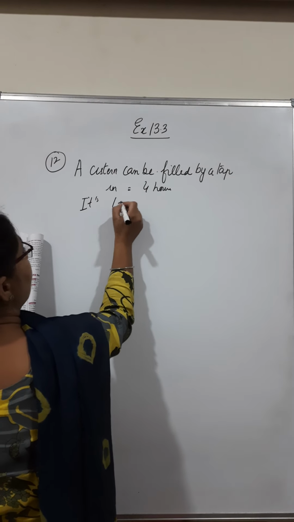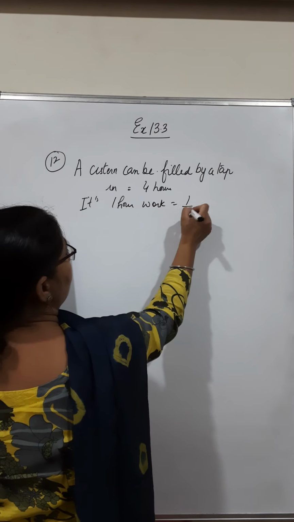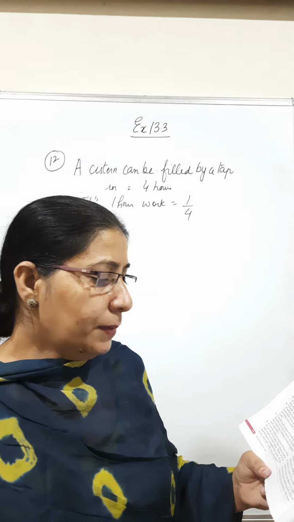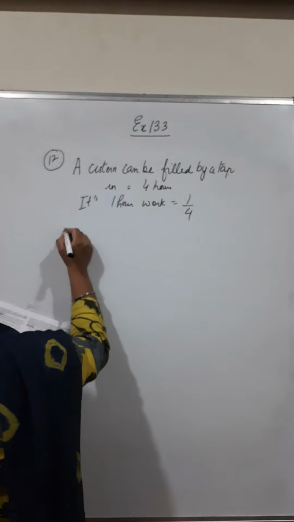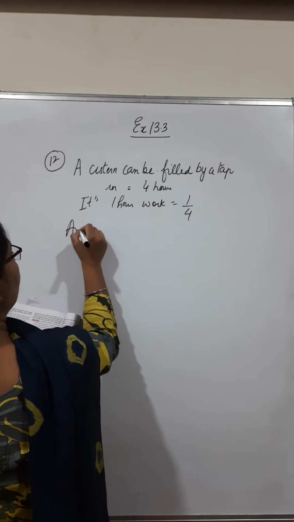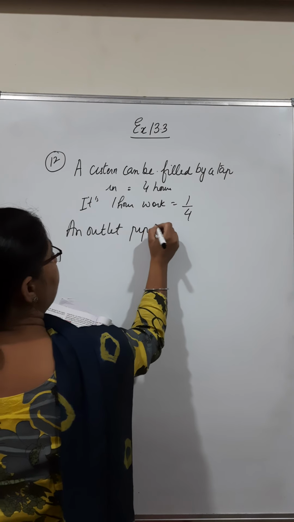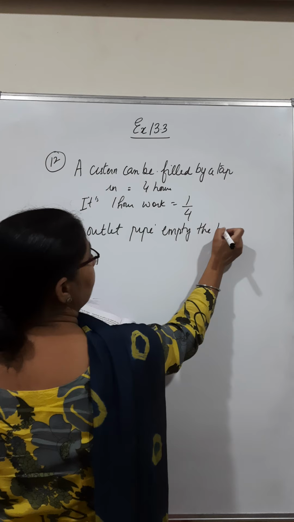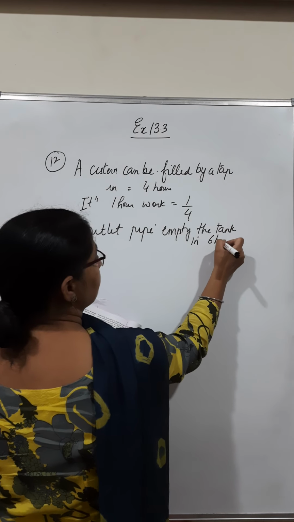It's 1 hour work. That will be equal to 1 by 4. Now what is happening? An outlet pipe empties the tank in 6 hours.